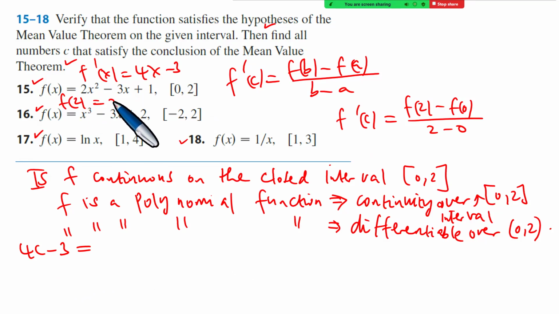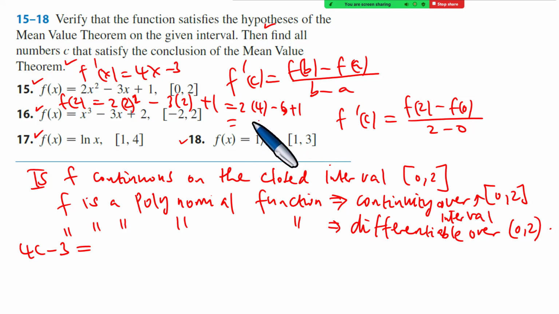So f of 2 is 2 squared minus 3 times 2 plus 1. We want to find the value of this function at 2. It is 4 minus 6 plus 1, which is exactly the same as 4 minus 6, which is negative 2, plus 1.